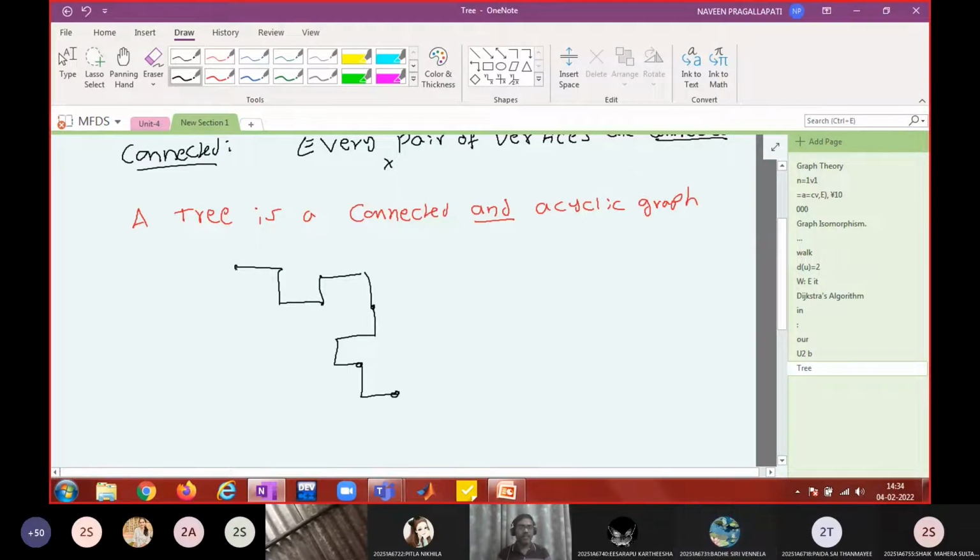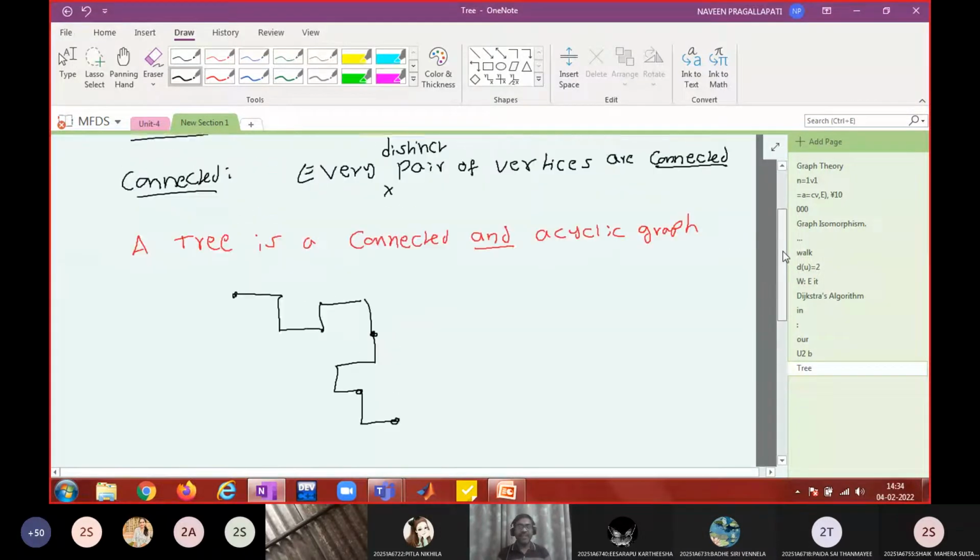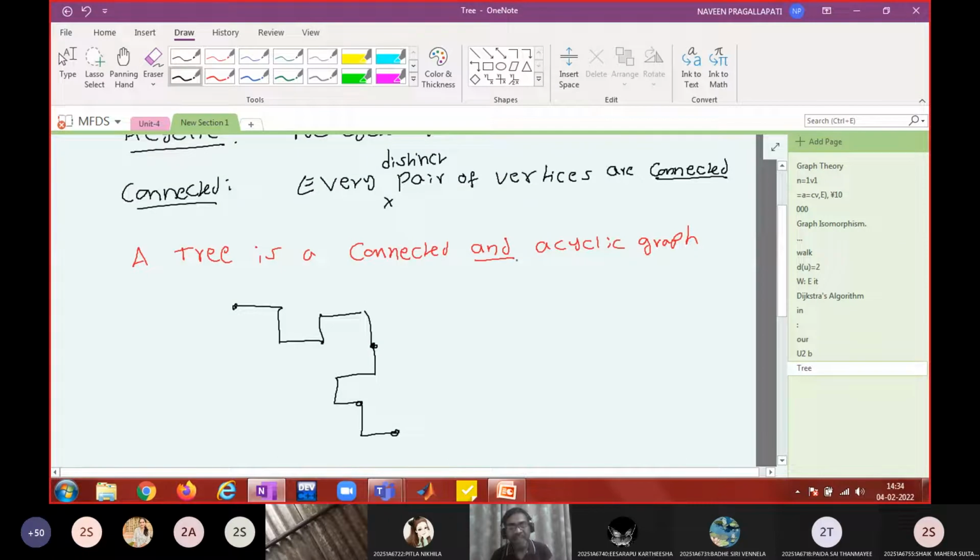This is a tree. It is not having any cycle. A graph will not be bipartite only when it contains an odd cycle. Otherwise, it is going to be bipartite. Here there is no cycle at all. Therefore, every tree is going to be bipartite. Am I right? So every tree is basically a bipartite graph.